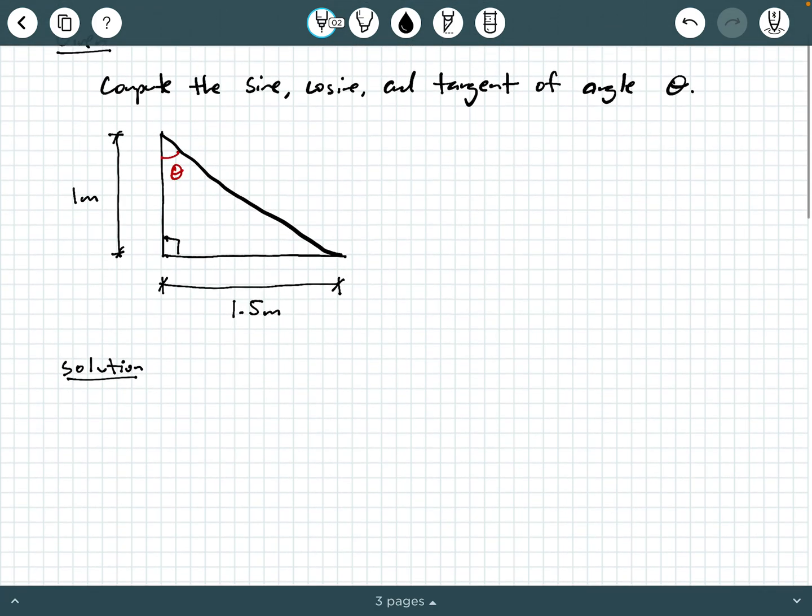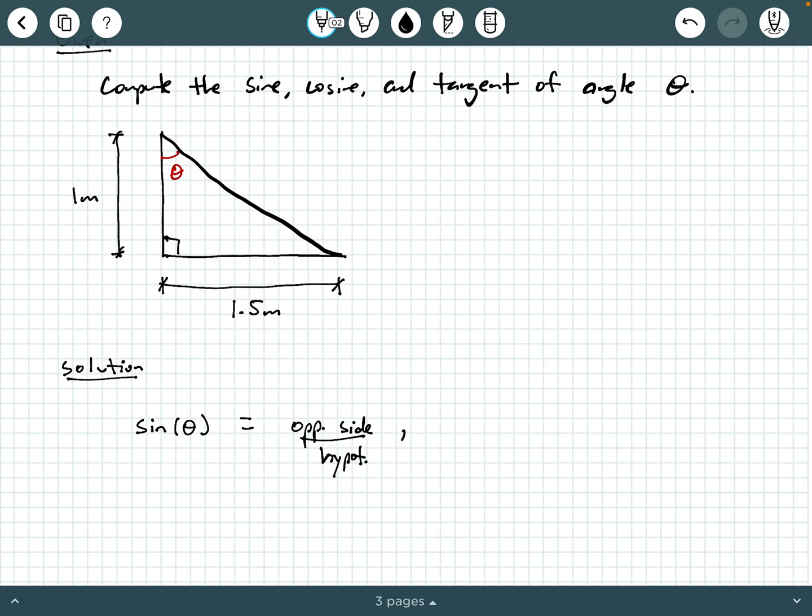So one way you can approach this is you can go back to the basic definition of sine, cosine, and tangent, okay? So ask yourself, what is the basic definition of sine, cosine, and tangent for a right triangle? Well, the sine of an interior angle in a right triangle is equal to the opposite side divided by the hypotenuse.